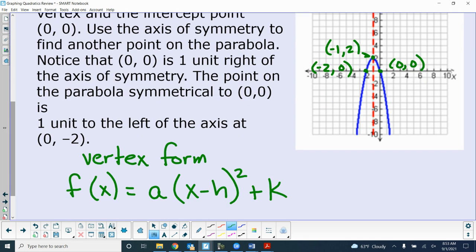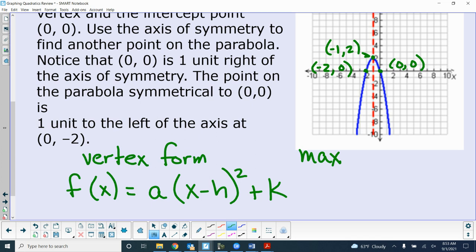Any questions on why it's max and not min? You're allowed to ask. Why is it max? Because it opens down. The vertex is at the very top of our parabola. So, right, if it's min, it would open up and it'd be at the very bottom of our parabola.